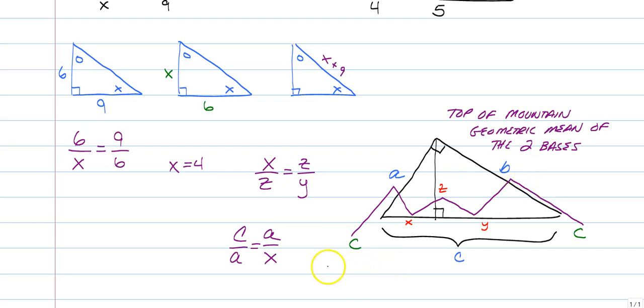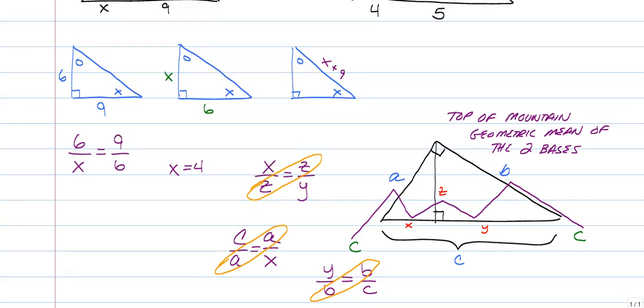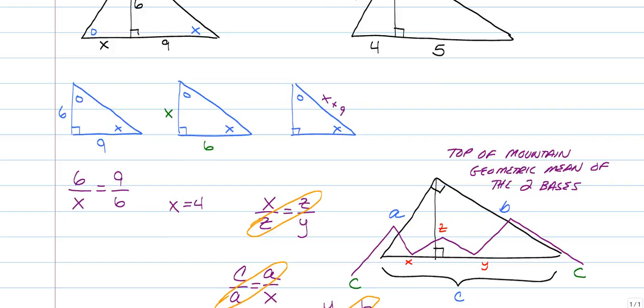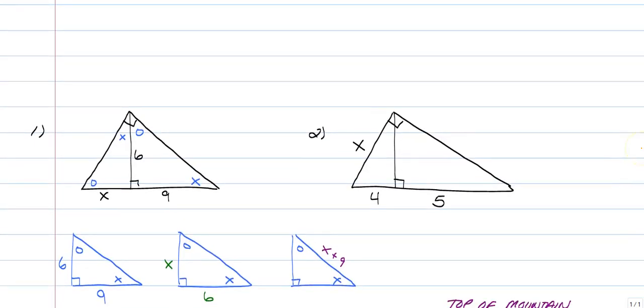We would have Y over B equals B over C. Now notice how I put my geometric mean in the same place. So the top of the mountain is in the mean positions. So if you use that, it could help you solve questions like this as well.